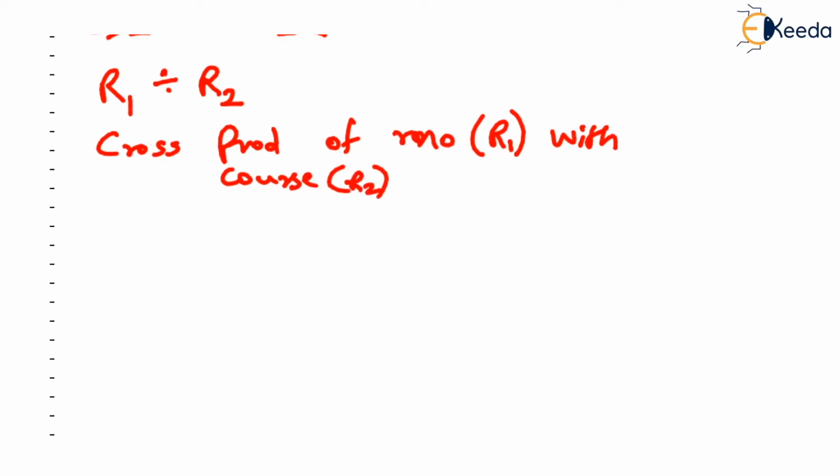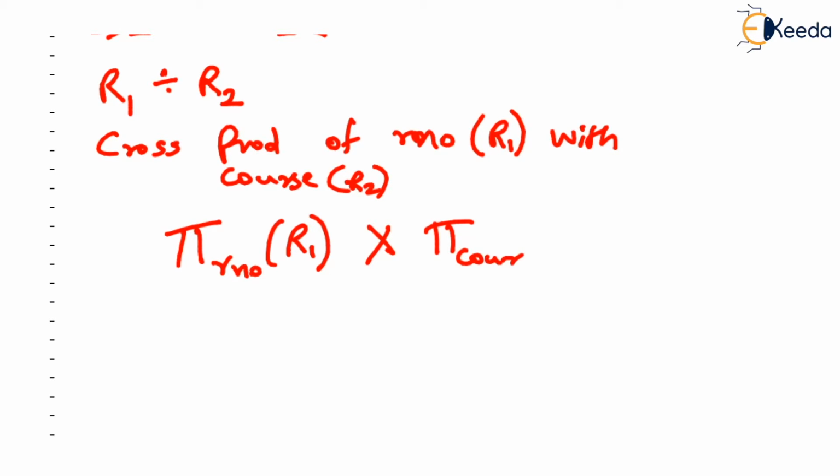Project roll number from R1, we want only roll number, cross product, project course from R2. Which columns are we taking from R1? Only roll number. And the column in R2 is course. So the cross product is going to contain roll number and course.